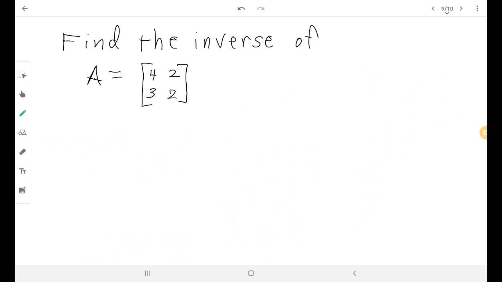All right, so here we're just going to find the inverse of this matrix A, this 2 by 2 matrix A. And we're just going to do the same thing. A inverse equals 1 over the determinant of A times the new matrix where we exchange the diagonal there and make opposite signs for the other diagonal there.